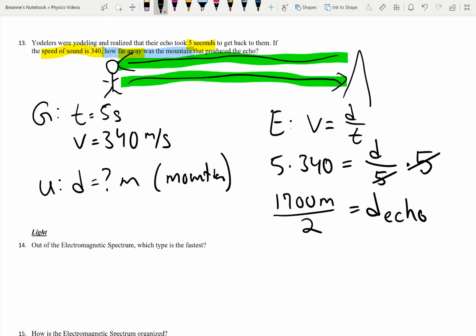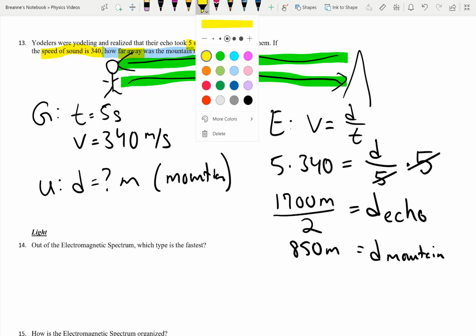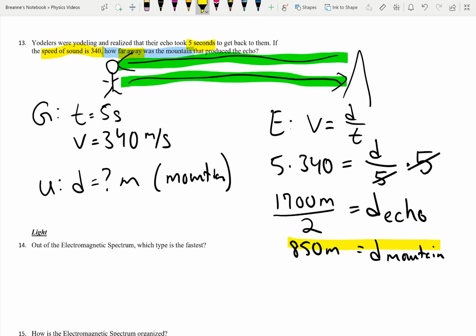To get the distance of the mountain, you have to divide your echo distance by 2. So you get 1,700 divided by 2, and you get 850 meters. And that is our answer. So you cannot forget to divide by 2 on that one. Please don't forget to divide by 2.